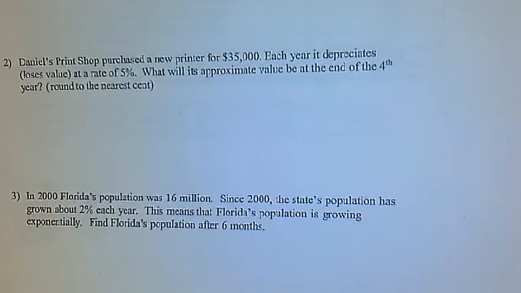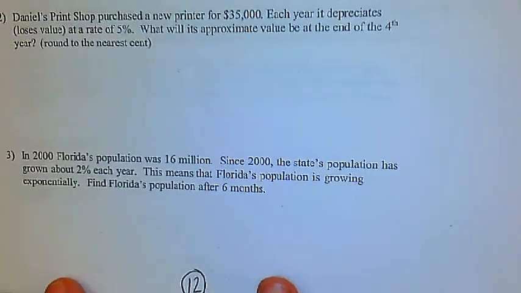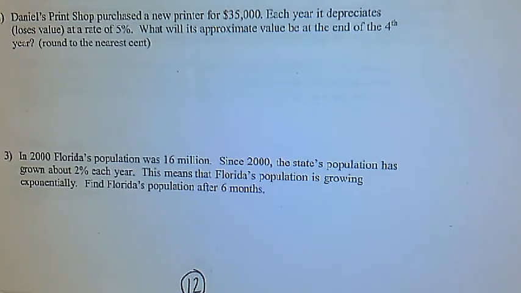Number 2. Daniel's print shop purchased a new printer for $35,000. I'm going to guess that that's A. Each year it depreciates. Please pay attention to these words. If you don't know what depreciates means, it means that it goes down.